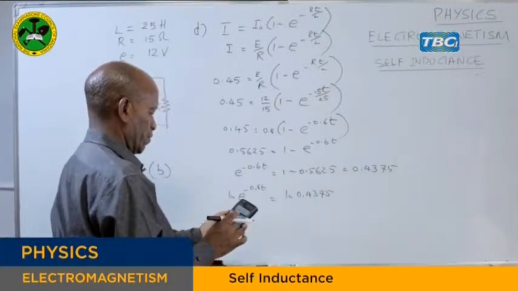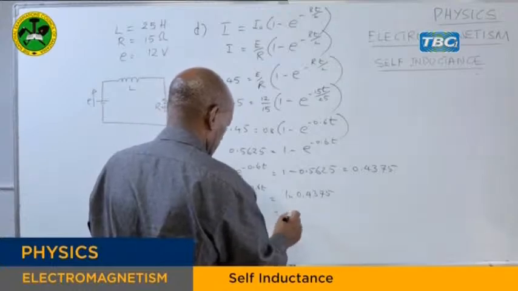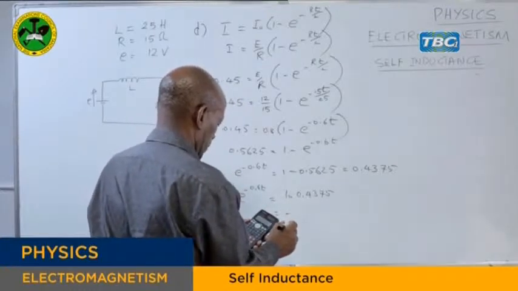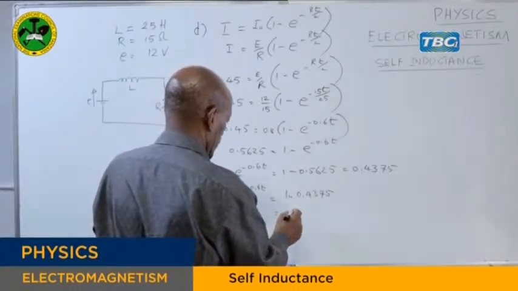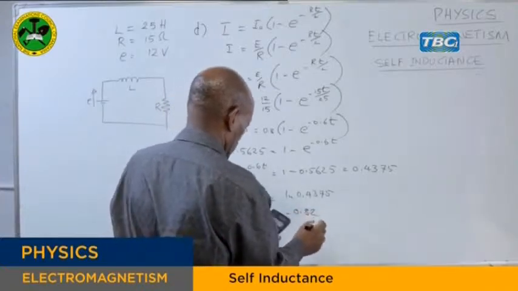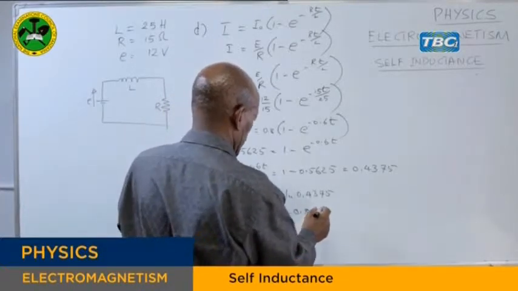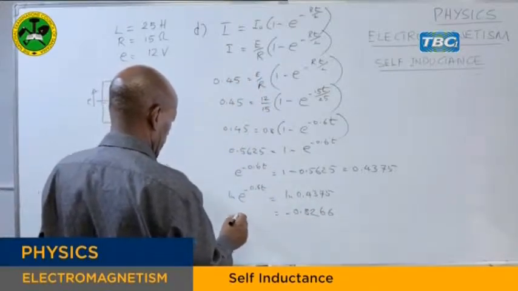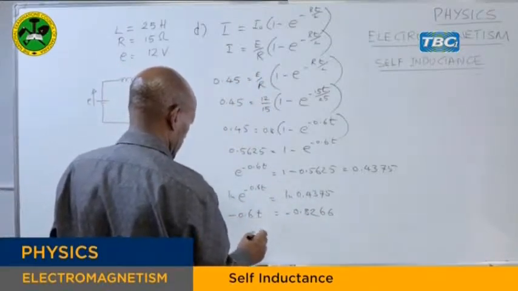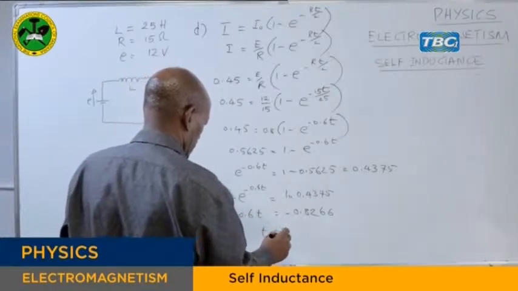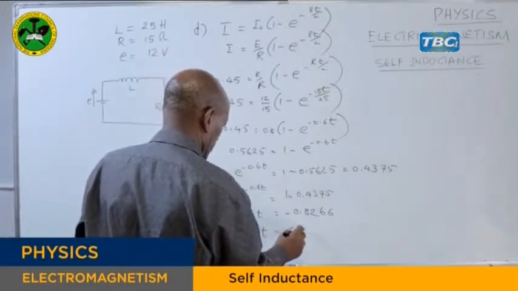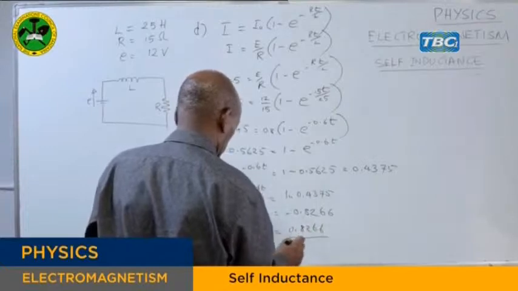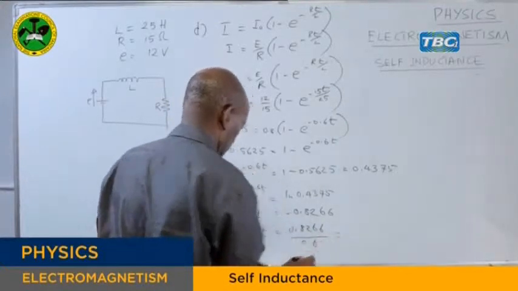0.4375. This is minus 0.8266, and the ln of this is equal to minus 0.6 T. So the value for T will just be equal to 0.8266 divided by 0.6.